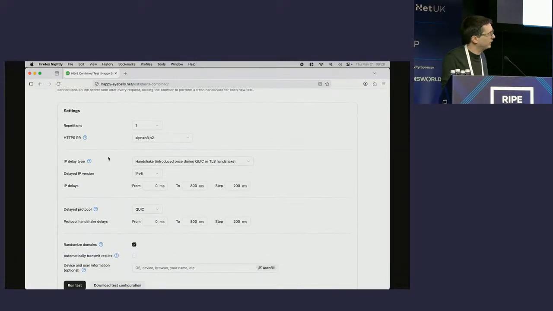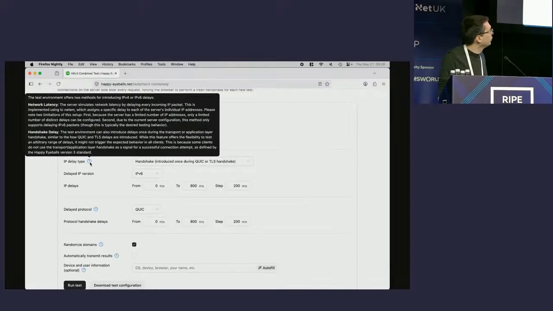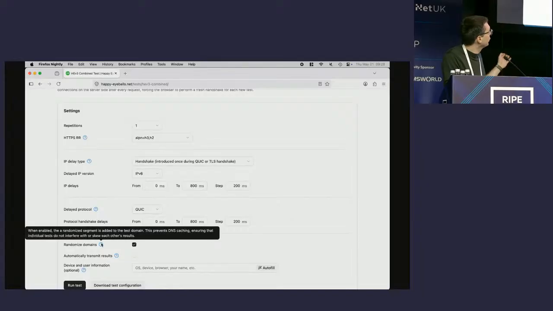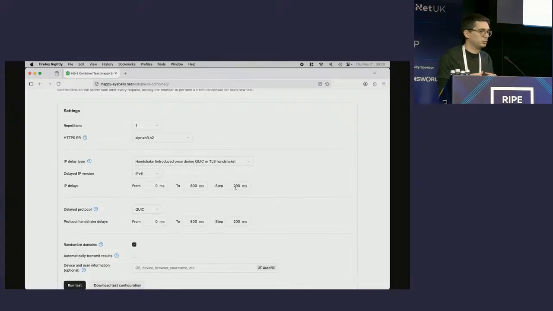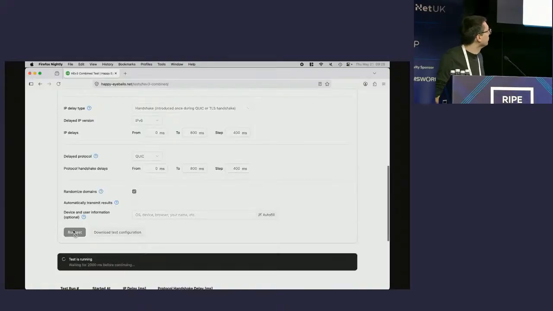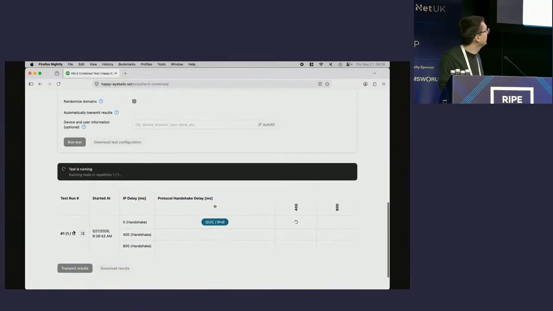And here you have quite a number of options which you can configure, but usually there are sensible defaults. We also have some explanation text for you to understand what each option does. In this test, I'm reducing the number of tests a bit to have a shorter and more showable demo.